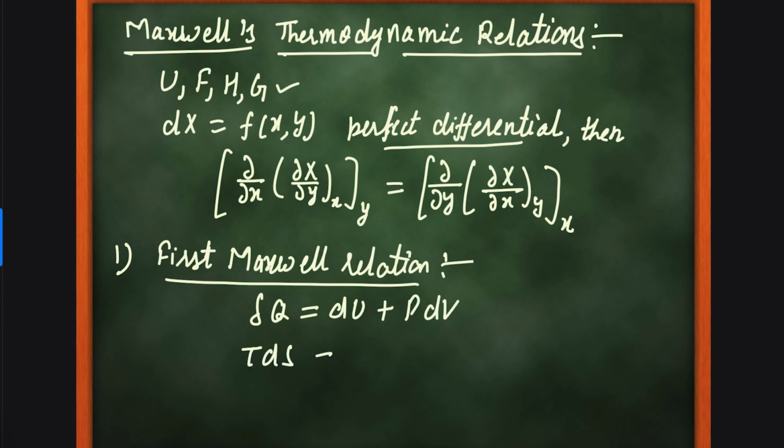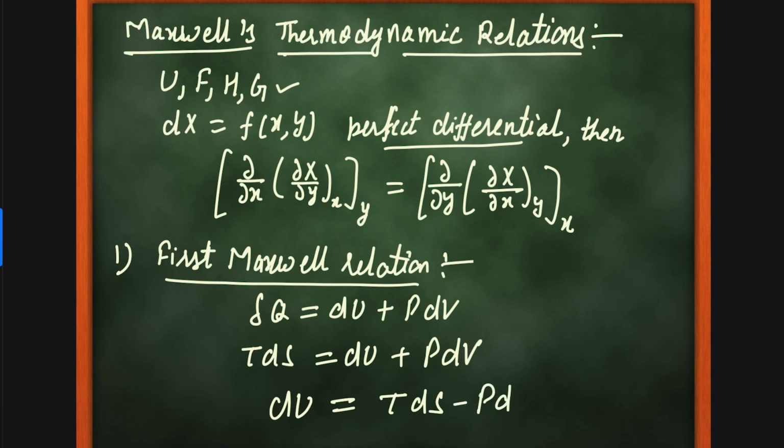TdS is equal to dU plus PdV, or dU is equal to TdS minus PdV. This means that U is a function of S and V. Okay, then we can write this by taking its partial derivative.